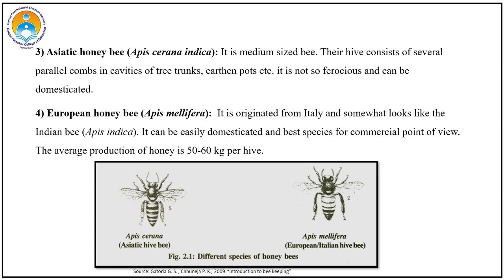It originated from Italy and somewhat looks like the Indian bee, which is also known as Apis indica. It can be easily domesticated and is the best species from a commercial point of view. The average production of honey is 50 to 60 kg per hive. Now both these bees you can see in the picture below.